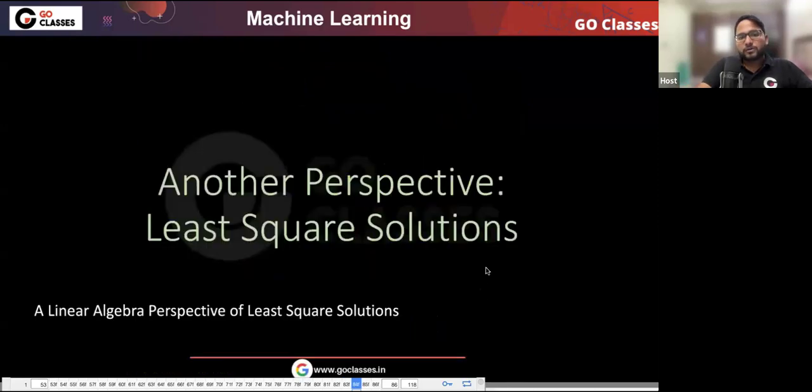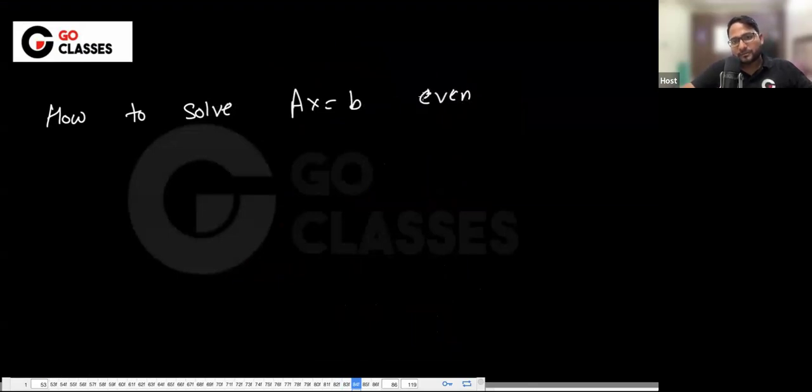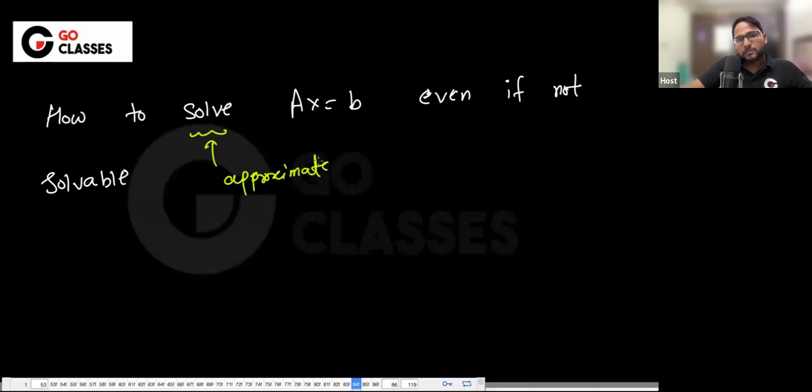So have you understood how to solve ax equal to b, even if not solvable? So basically, instead of solve, I should be saying approximate, right?